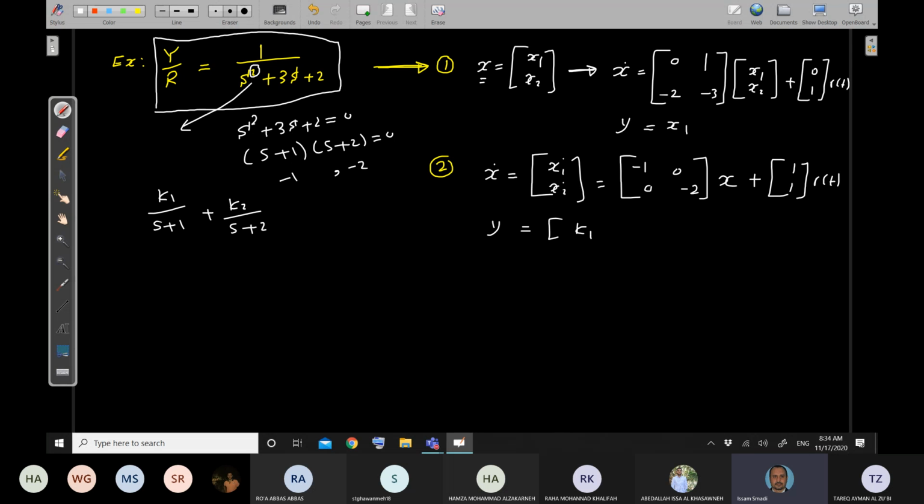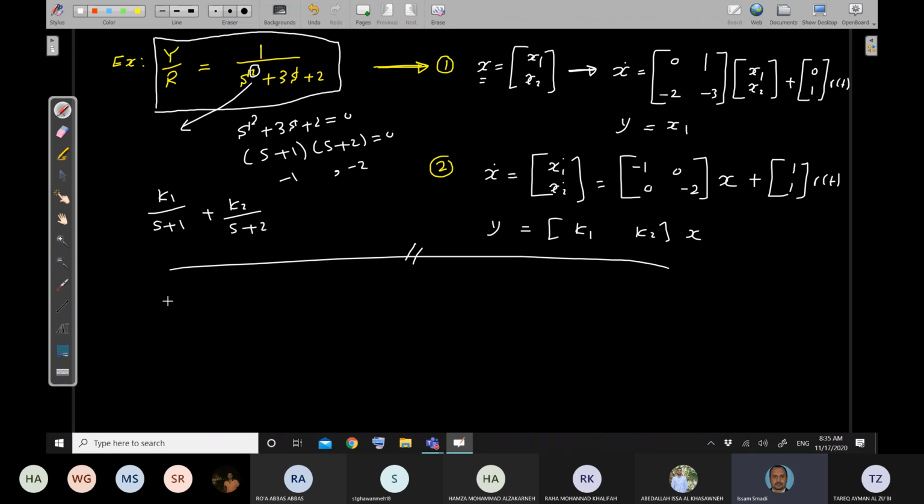So simply this will be k1, k2 multiplied by x. I just wanted to highlight how to write the form of the first method, which is the first canonical form or series method, and the second one, which is the parallel method or the diagonal form. Now, if you need me to go into detail on how I get the first one and the second one, I will do it here briefly.